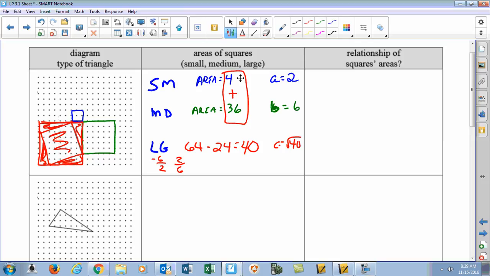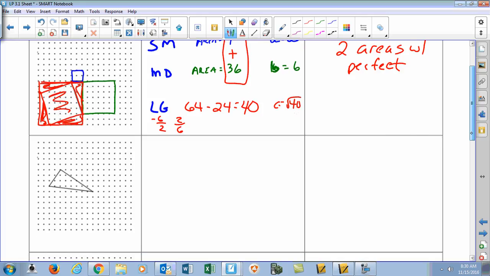The small and the medium. But the one thing from the front side is consistent with them being right triangles. When you add the areas of the small sides, it equals the long side. The two that weren't right triangles in the front didn't do that, right? So let's see if this pattern stays consistent.